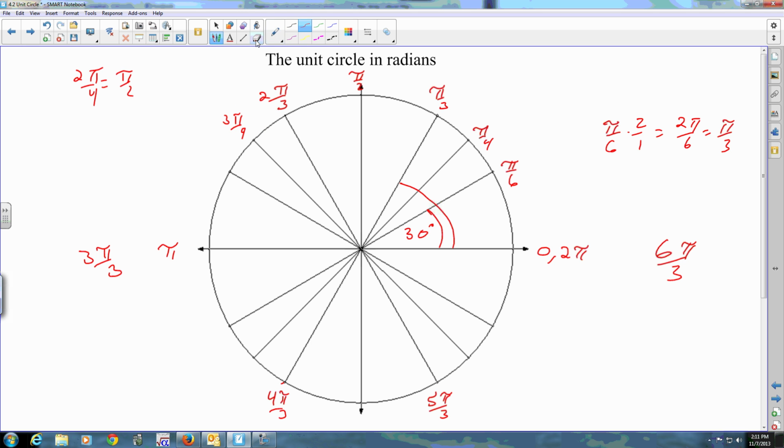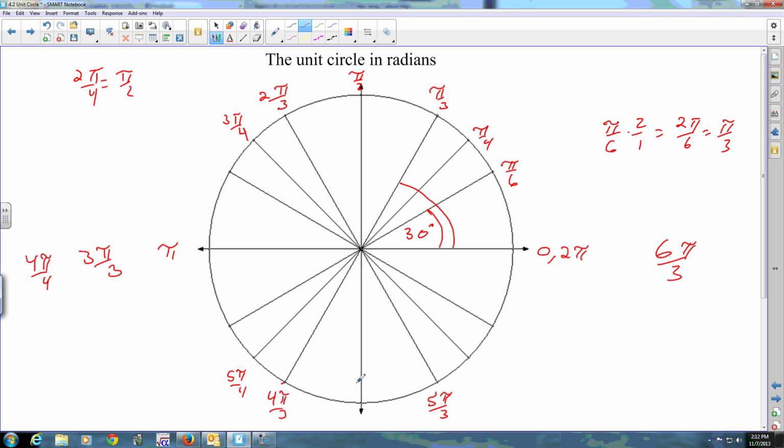That's a 4. Let me get it off of there so there's no confusion here. Add another 45 degrees and you're at 4 pi over 4, which once again is pi. Add another pi over 4 and you're at 5 pi over 4.